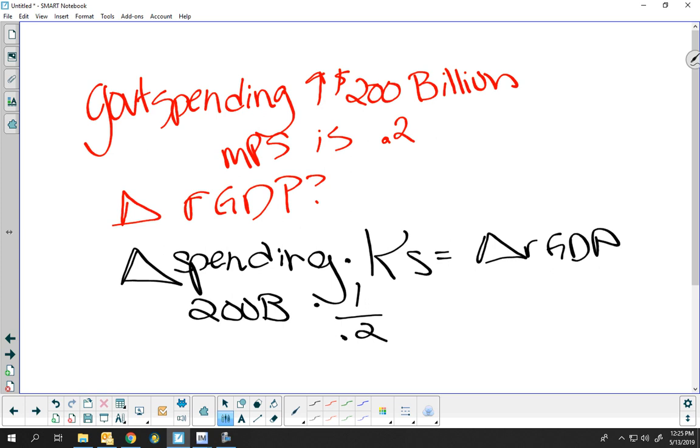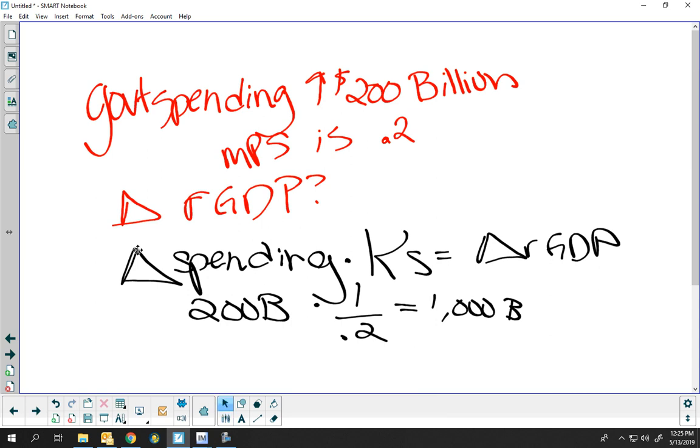So it's 200 times 5, which is 1 trillion. So it's going to be 1,000 billion. They won't put a trillion in the answer choices because they will put it in the same units. They don't want you to mess up because you forget which unit you're in. A trillion is 1,000 billion, but it's big.